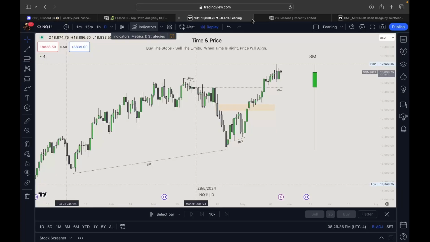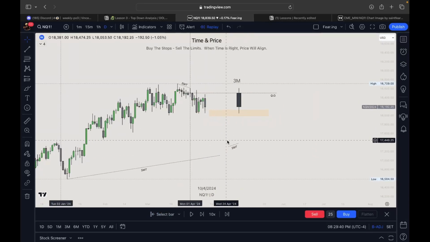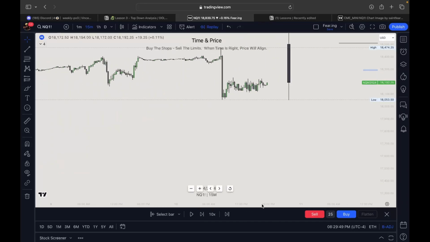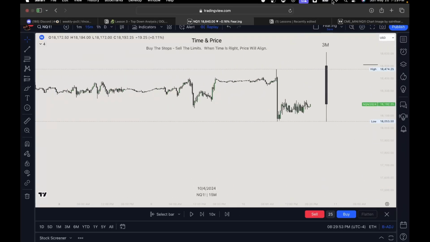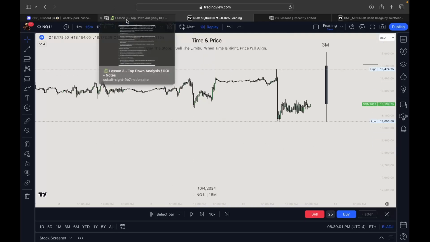All right, so following our weekly power 3, let's go back to that day. Okay, so let's do a little bit of imagination. Let's imagine that we're a professional trader who's been trading the last decade. At that point, we're profitable for so long. We're not trading every single day.